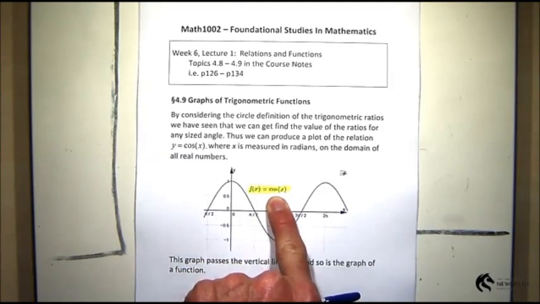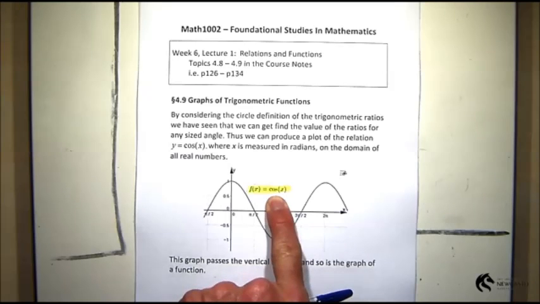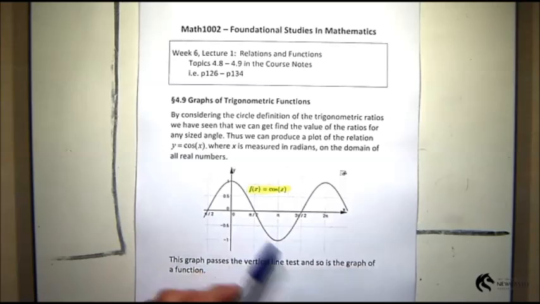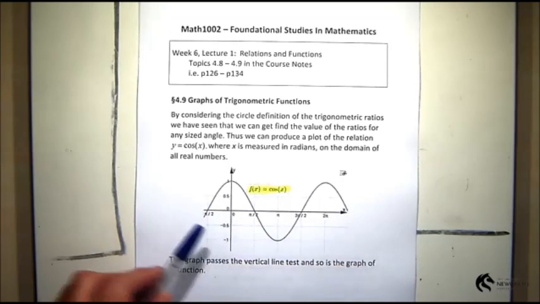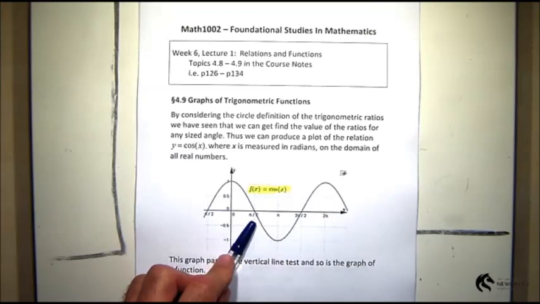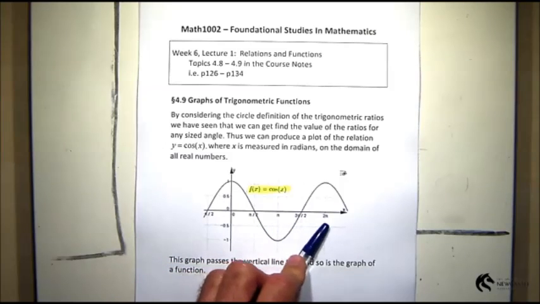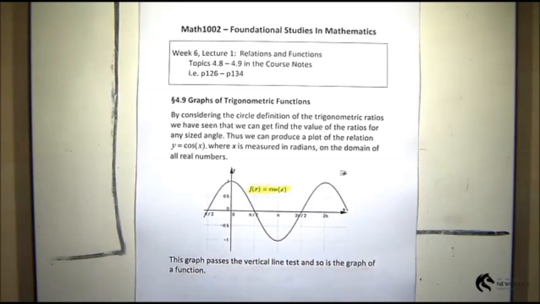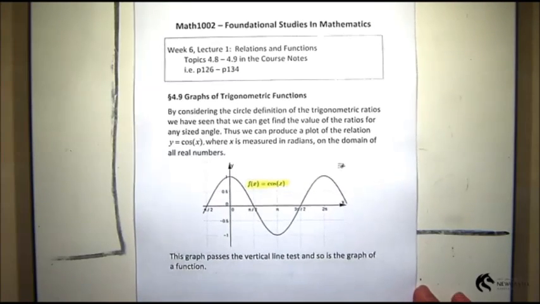I'm just saying I think it's a good idea. We are thinking of this as a function. As you can see here, I have the x-axis in radians, pi on 2, pi, 3 pi on 2, 2 pi, etc. This is very definitely a function. It passes the vertical line test.